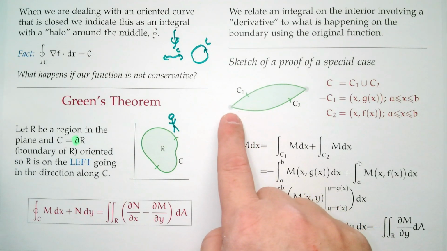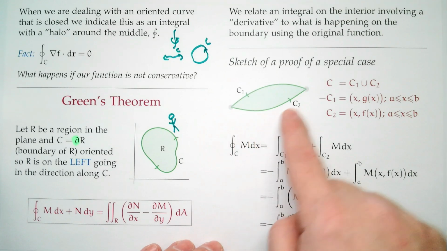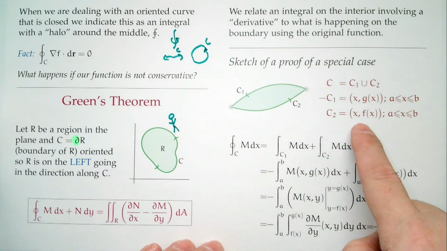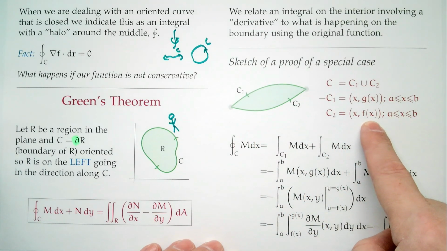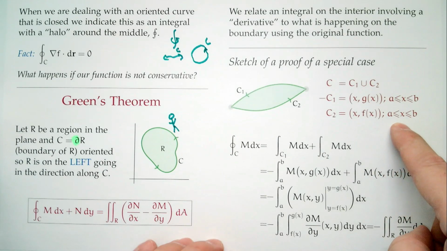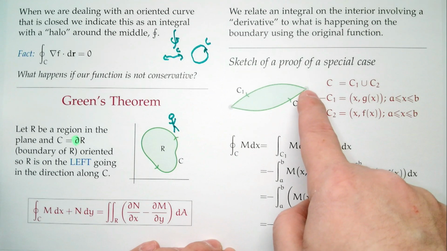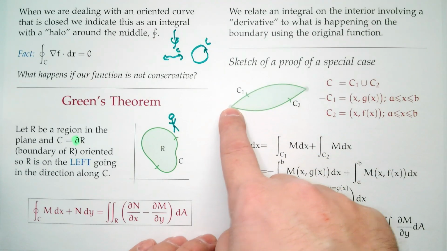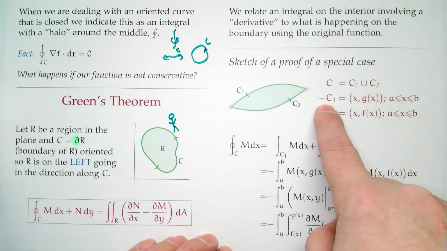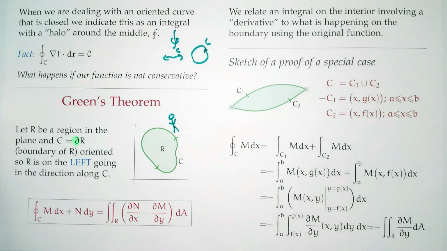These are curves which are nice in the sense that I can parameterize them as functions. So, for example, C2, I'm going from left to right. I'll write that as x, f of x, where x goes from a to b. And the curve C1 goes from right to left, so I'm going to have it be negative C1. When you talk about negatives, that just says go backwards.